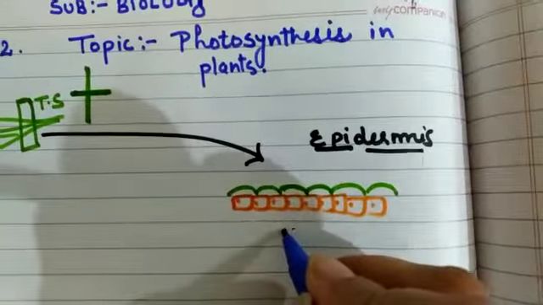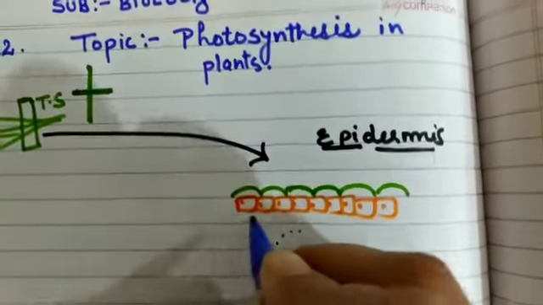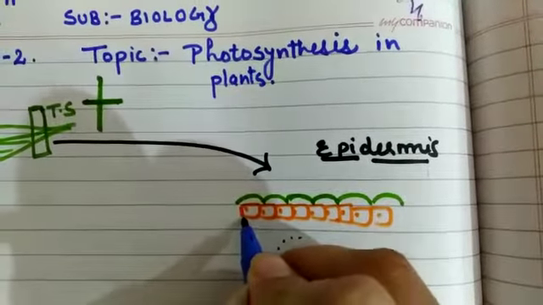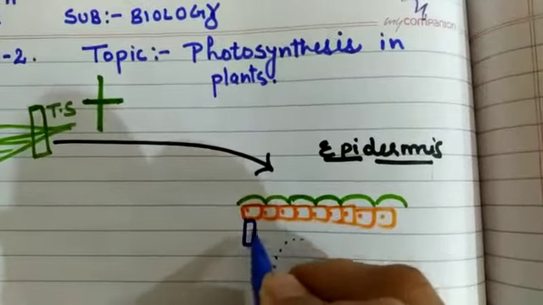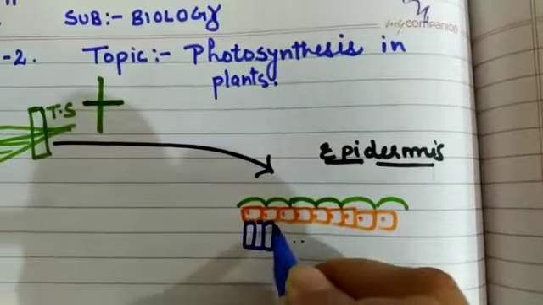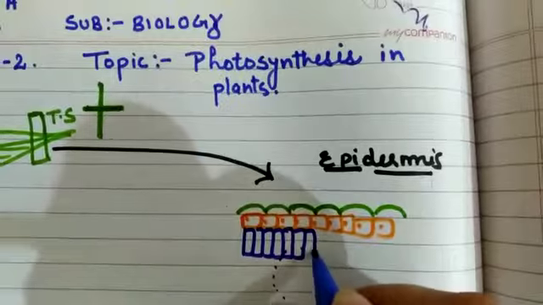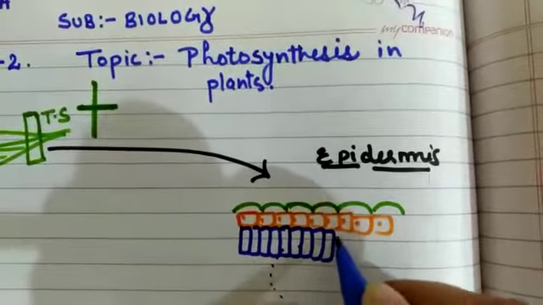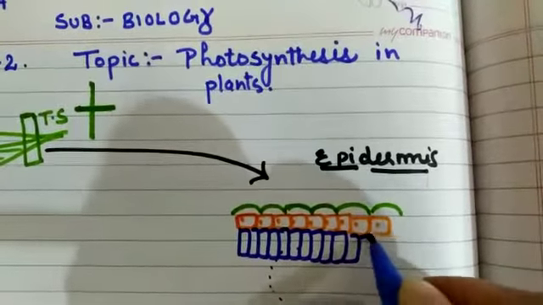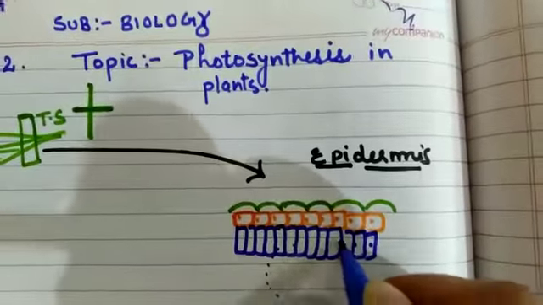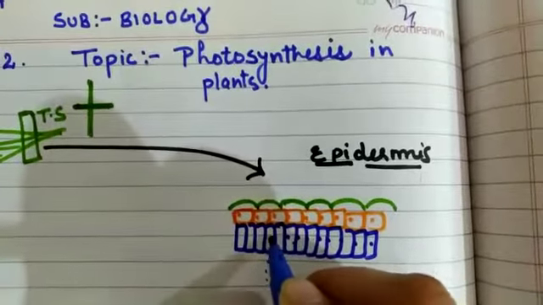Below this epidermis, there are longitudinal cells like this, which are known as palisade cells.